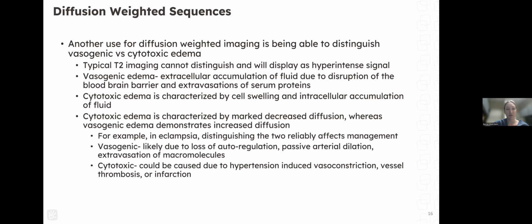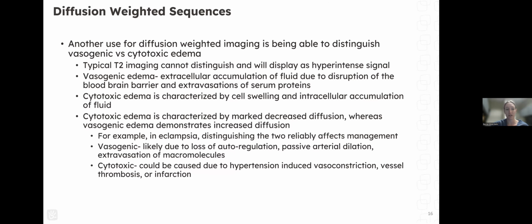So on diffusion weighted sequences, you'll be able to tell the difference between vasogenic and cytotoxic edema. Cytotoxic edema is characterized by markedly decreased diffusion, so it is not able to diffuse as well, whereas vasogenic edema demonstrates increased diffusion.